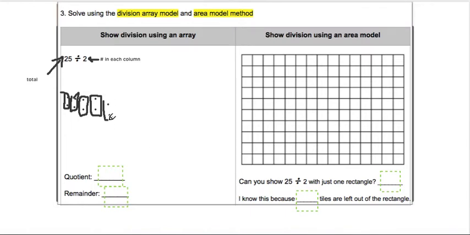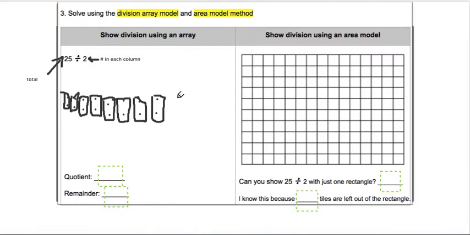There's another one. There's another one. There's another one. There's another one. How many columns of 2 do we make? Yeah, 8 columns of 2, which is how many?